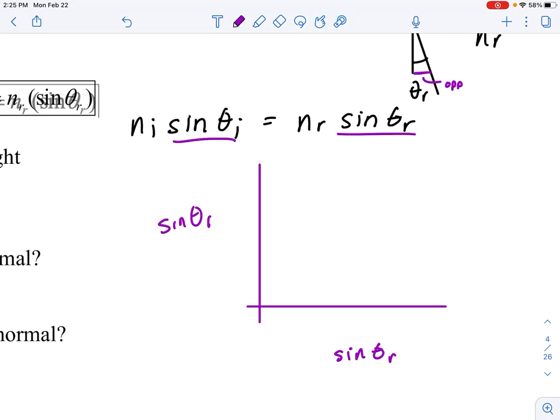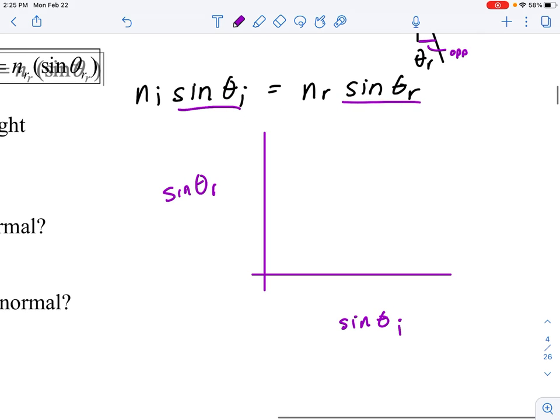Let me switch this around. Okay. If I graphed the sine of the refracted angle against the sine of the incident angle, what would I wind up with? Let's think about that for a second.